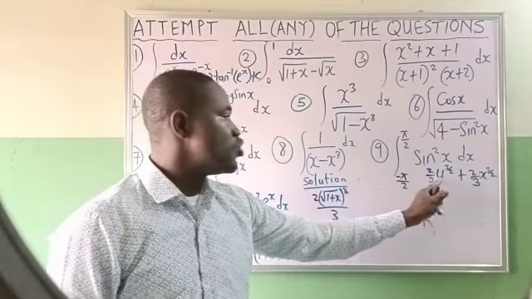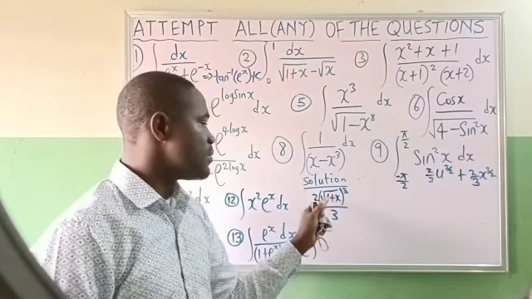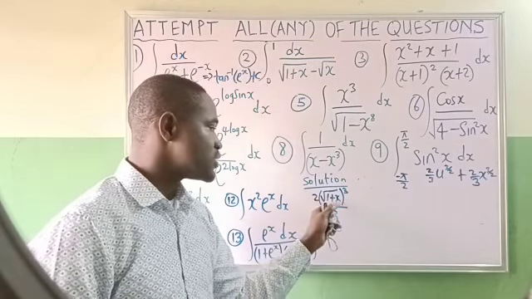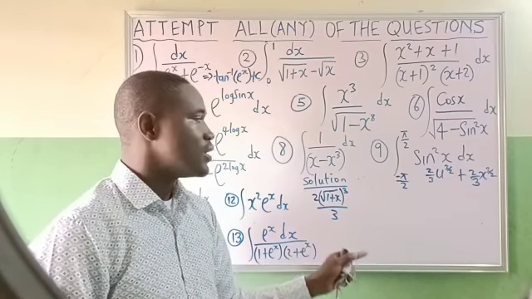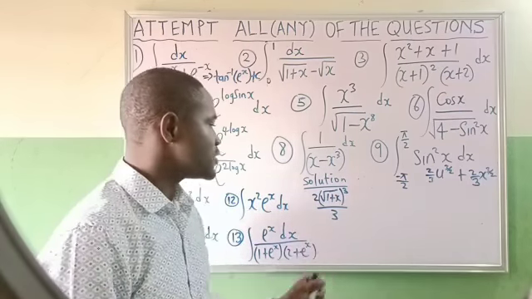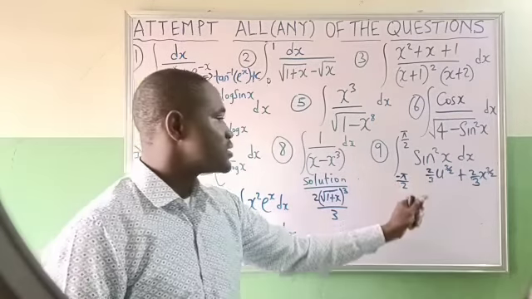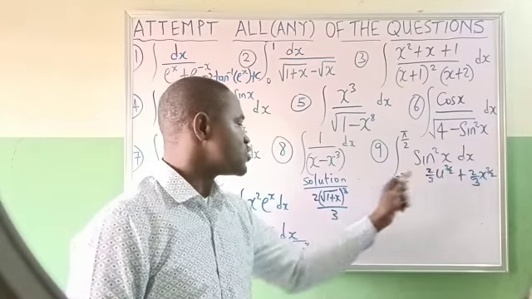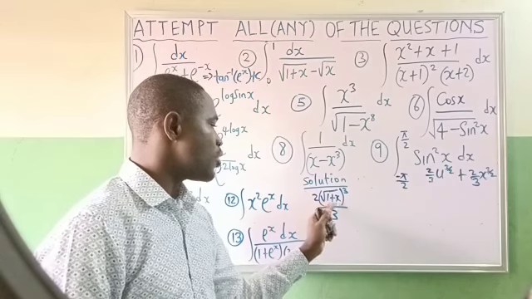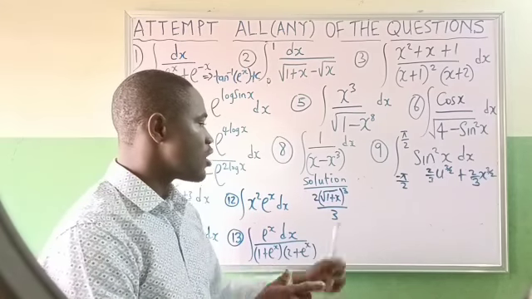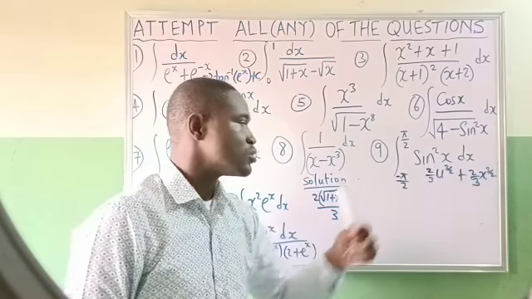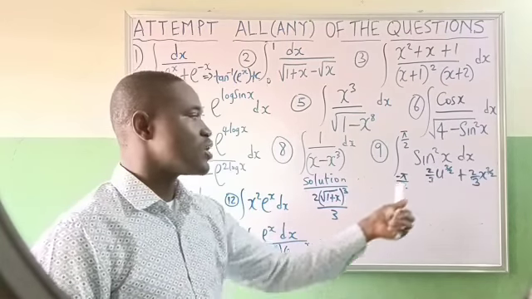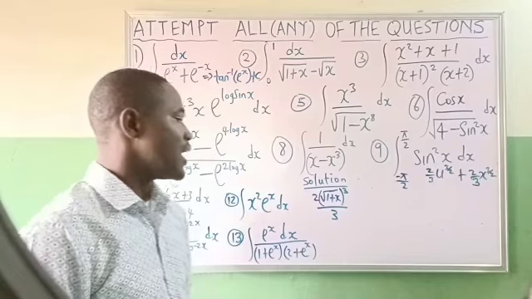This u raised to power 3 over 2 simply means root 1 plus x, where u is 1 plus x. So u raised to power 3 over 2 means square root of 1 plus x all raised to power of 3, where the square root means 1 over 2, because 1 over 2 times 3 will give you 3 over 2 at the power.